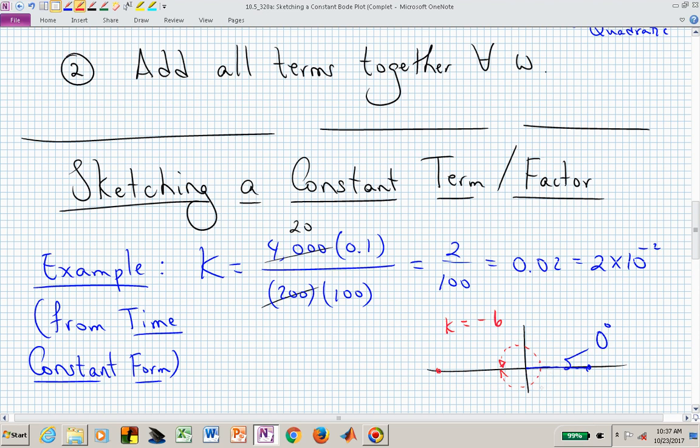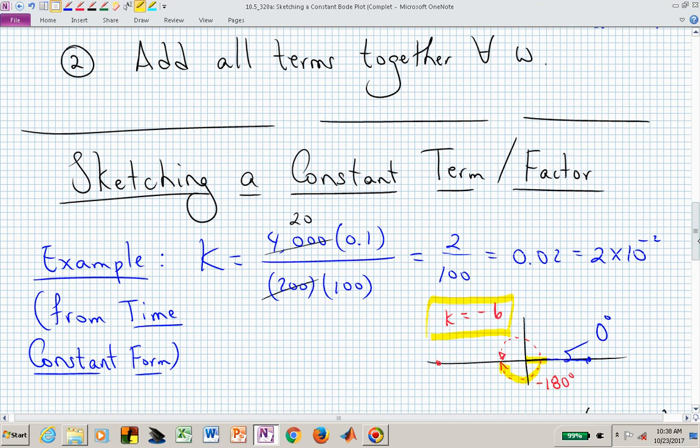Let's go ahead and look clockwise so that now we are moving through an angle measured with respect to the positive horizontal real line. Now we move a full 180 degrees. So the angle associated with a negative number would actually be minus 180 degrees.